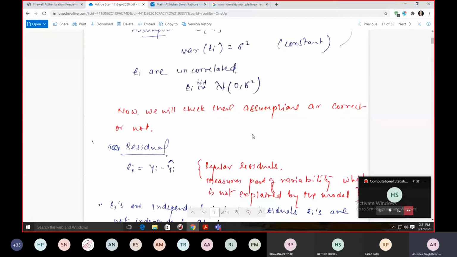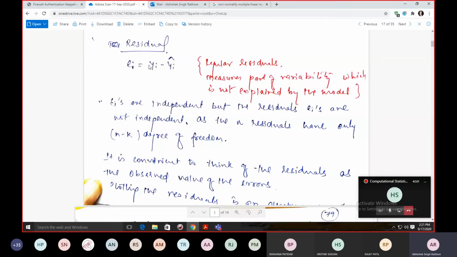So we'll start with our residuals. What are our residuals? Our residuals are ei equals yi minus estimated yi. These are our regular residuals, and they measure the part of the variability which is not explained by your model.